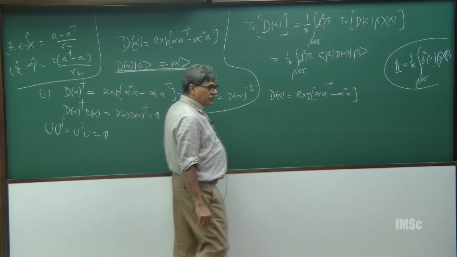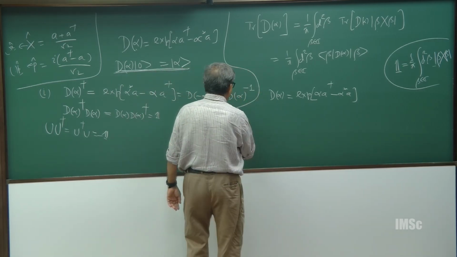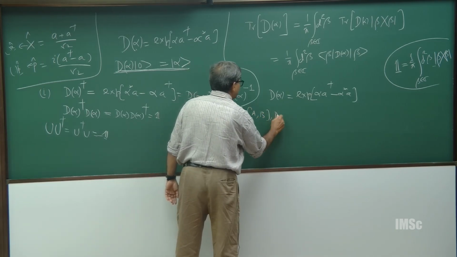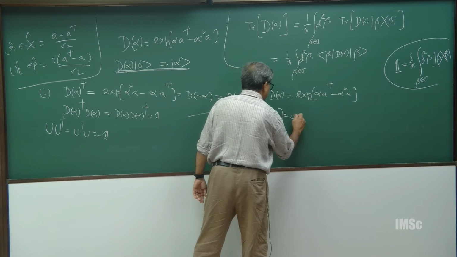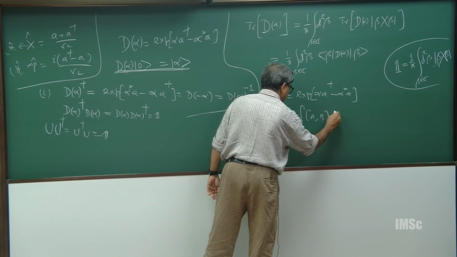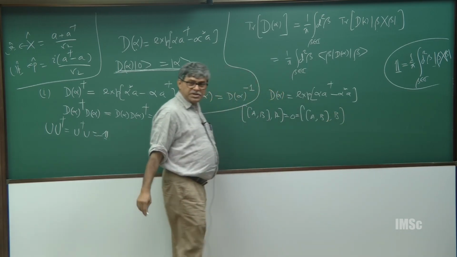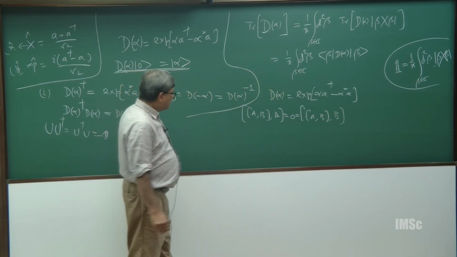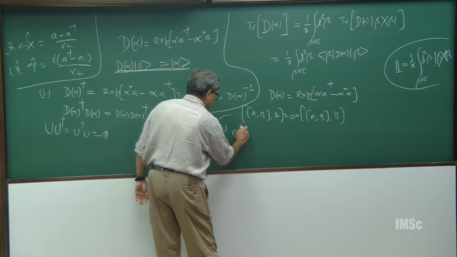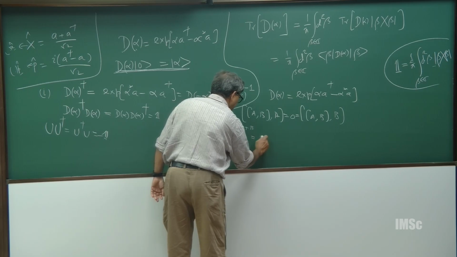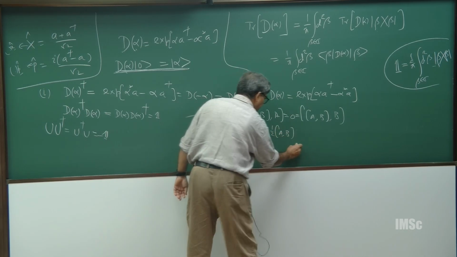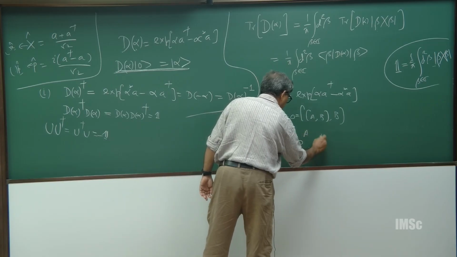The Baker-Hausdorff formula tells me that if A and B are two operators such that both of them commute with the commutator of A and B, then I can write e to the power A plus B as e to the power minus half commutator of A and B times e to the power A times e to the power B.